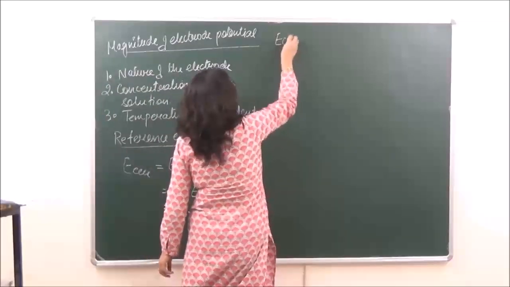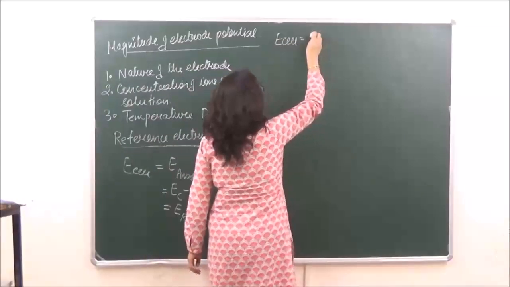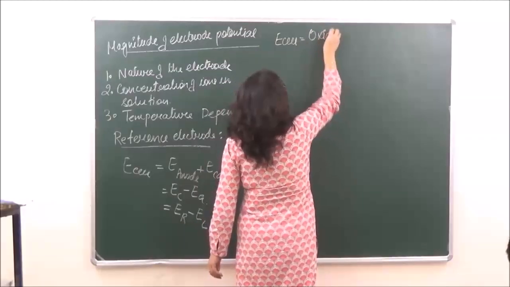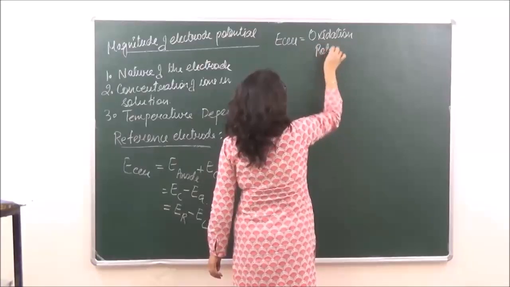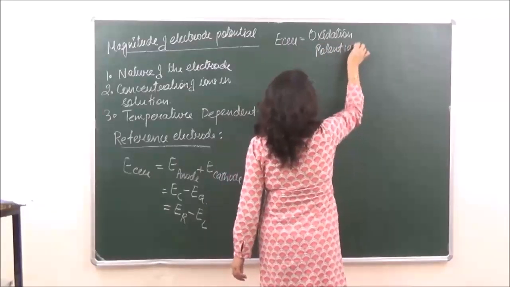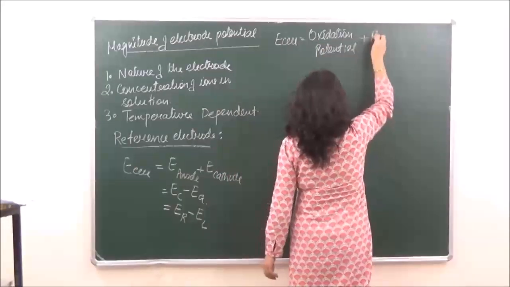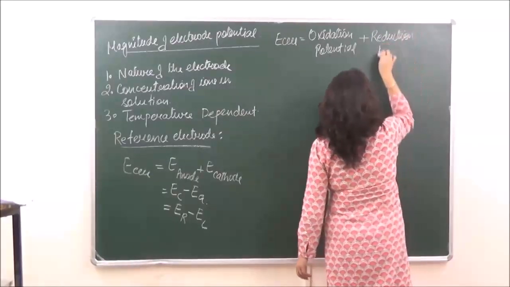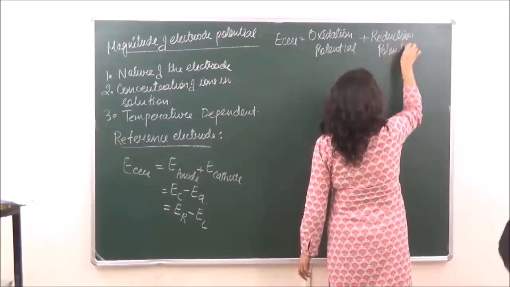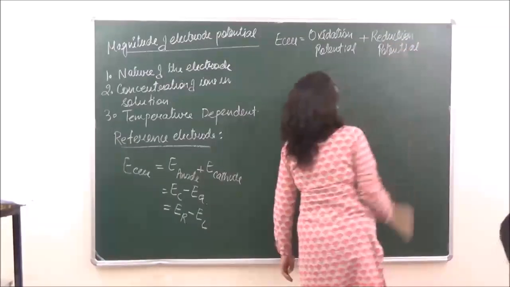Oxidation. So we say that E cell is equal to oxidation potential plus reduction potential.